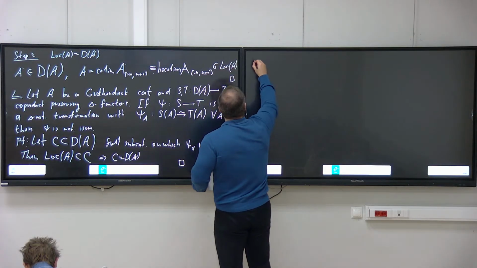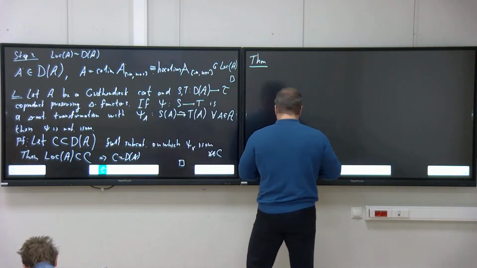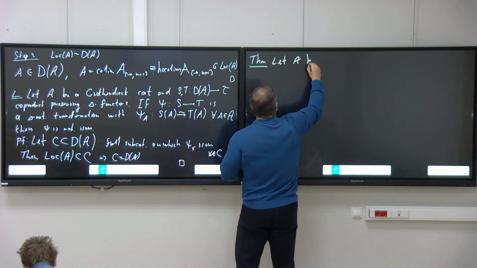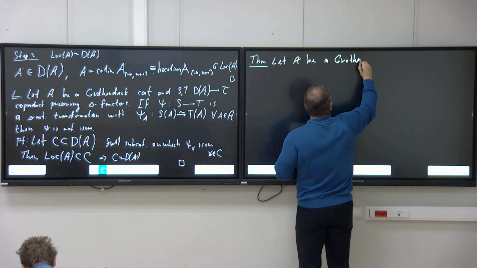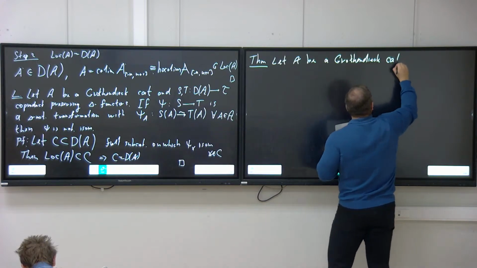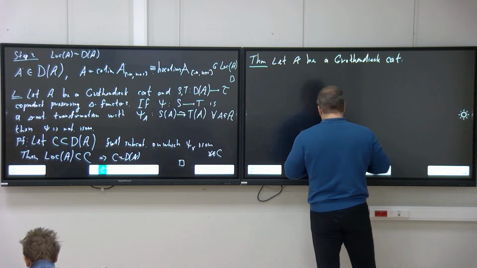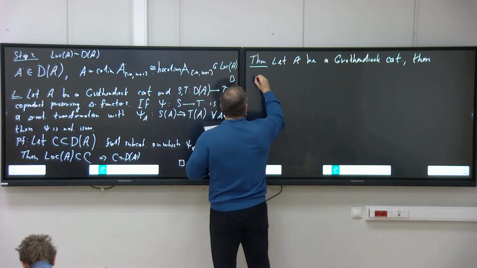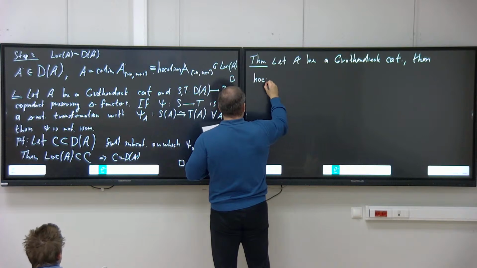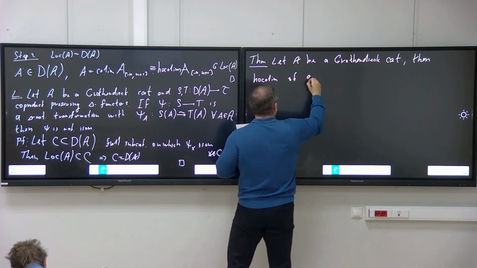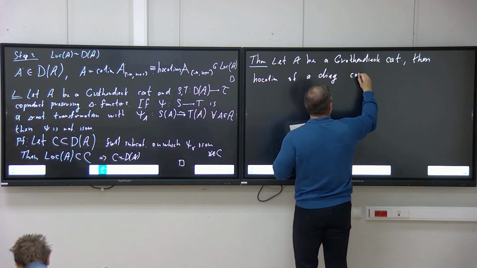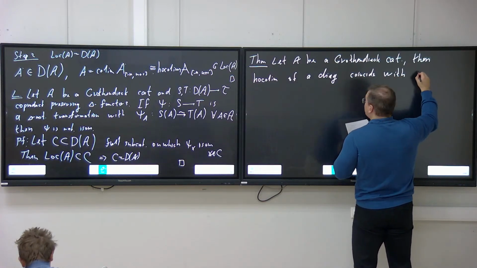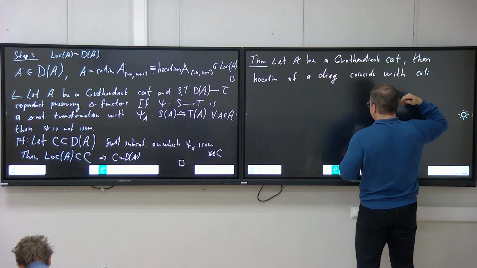So finally, the last theorem of this section and also of this chapter, well, it will be a little corollary without a proof, but anyway. So let A be a Grothendieck category. Then the homotopy colimit of a diagram inside the derived category coincides with the colimit, which is just a direct limit.